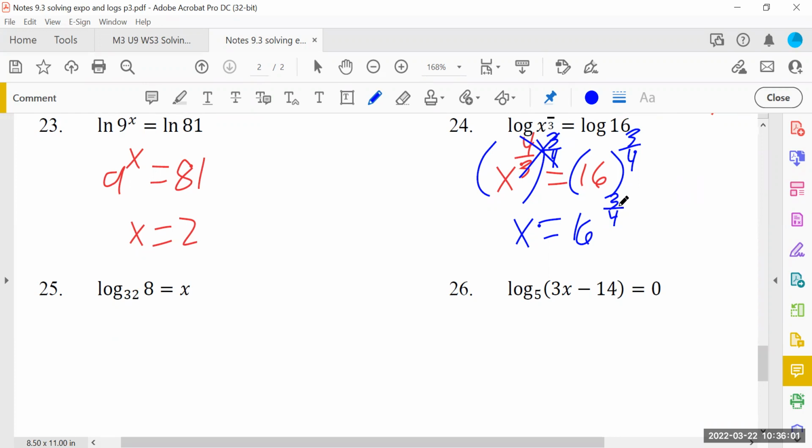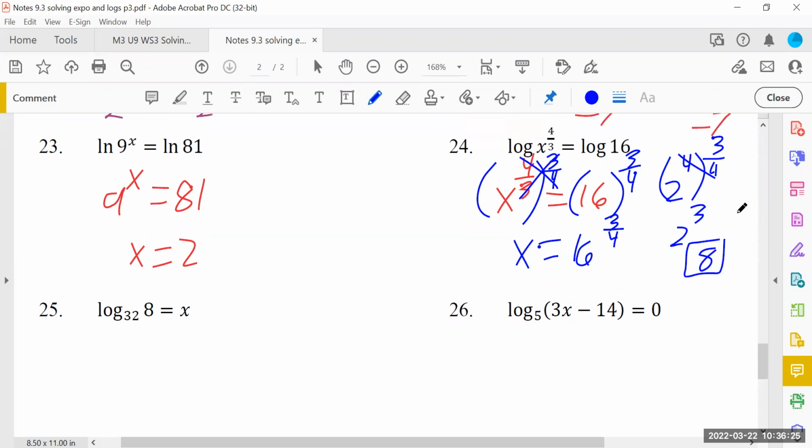Probably the fastest way of doing this is to write that 16 as 2 to the 4th power raised to the 3/4 power, so that when I multiply those, 4 times 3/4, the 4's cancel out, and I end up with just 2 cubed. 2 cubed, or 8, is my answer there. 8 to the 4/3 power equals 16.